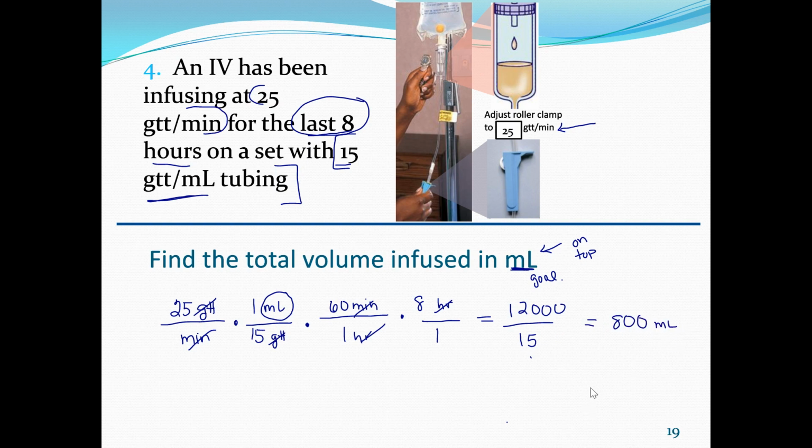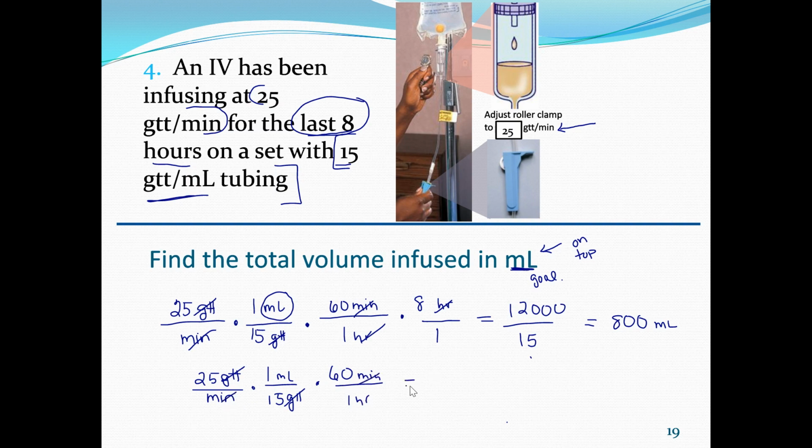Now, let's take a look at this from a different perspective. What if I just take my rate, 25 drops per minute, and change it into milliliters per hour, because that's how I'm used to reasoning. So 1 milliliter is 15 drops. 1 minute, we'll take 60 of those to get to 1 hour.